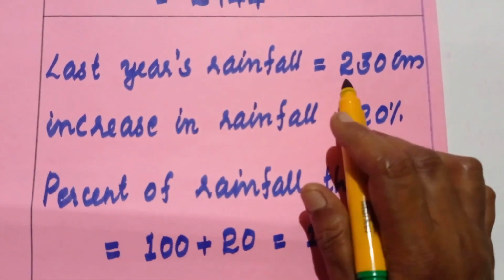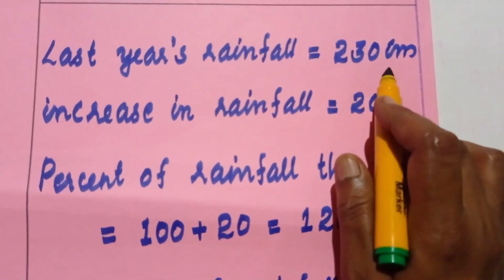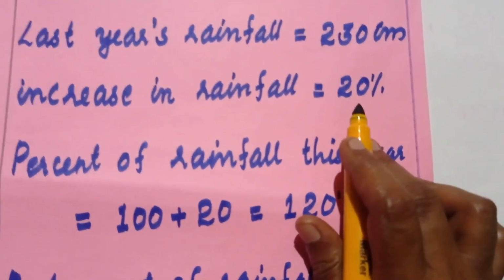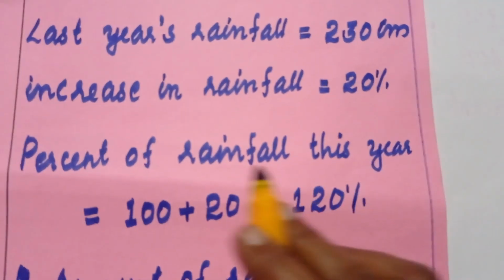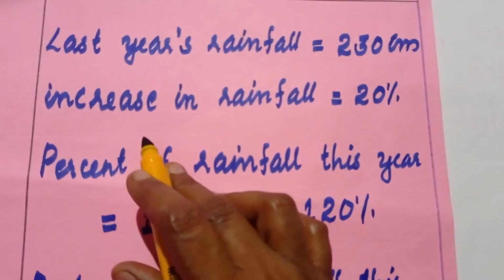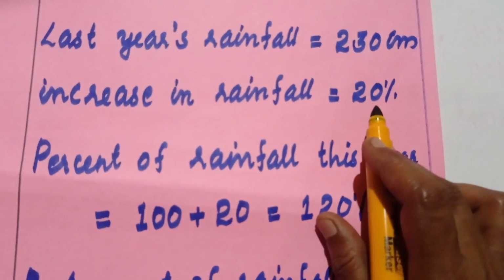Last year's rainfall is 230 centimeters. Then increase in rainfall is 20%.